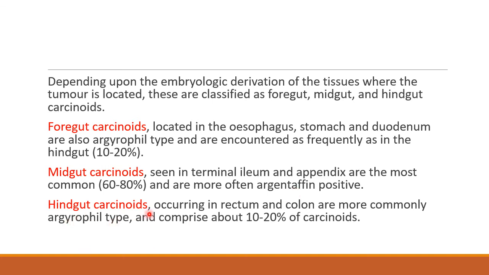Hindgut carcinoids occur in the rectum and colon, are also argyrophilic type, with the same incidence as foregut carcinoids. So foregut and hindgut carcinoids are less common and argyrophilic, whereas midgut carcinoids in the ileum and appendix are more common and argentaffin type.